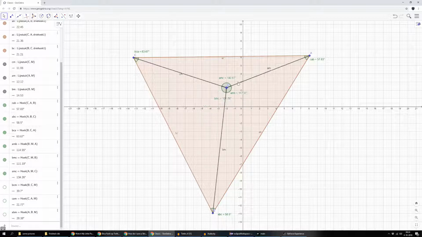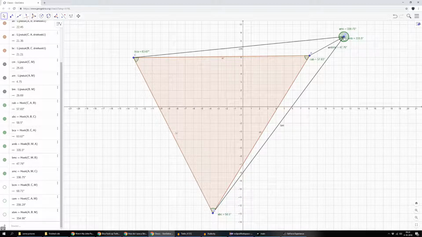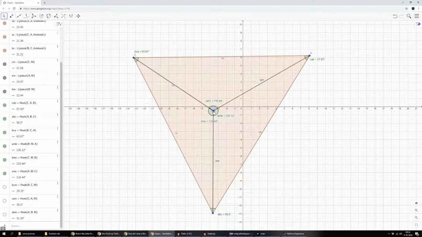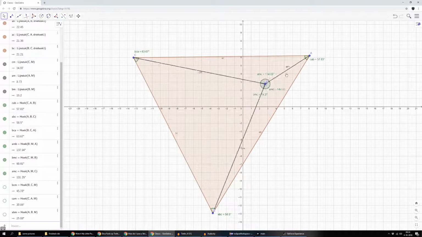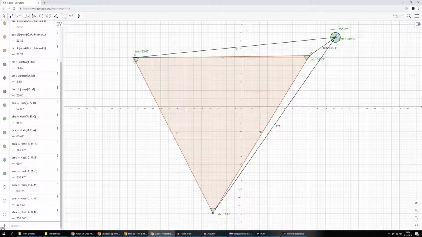Because, well, the thing here was, for instance, normally this corner is between C, M, and A. Here, between C, M and A, is this entire part.